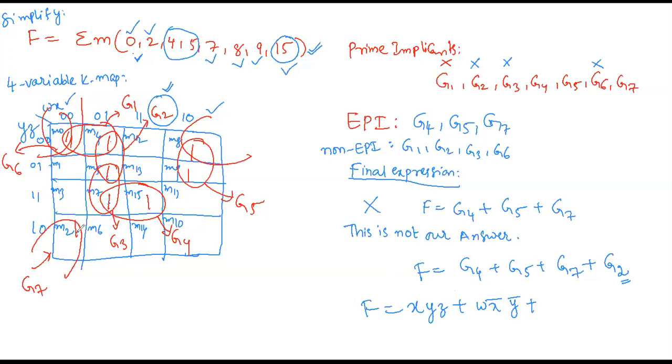G7. Look for this one. W is 0, X is 0, constant. So W bar, X bar, and Z bar. G2. 0, 1, those are constant, W. And here Y value is constant. Y bar.